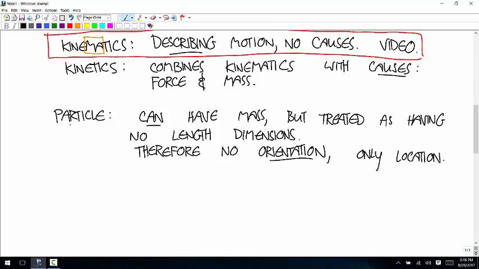Planets are gigantic, but if all you care about is where that planet's location is going to be, and you don't care about its orientation, its orientation doesn't affect its gravitational pull at all. So there's a lot of cases where it's not worth the extra work to figure out what the orientation of the planet's going to be. You just want to know the location of the middle of it. And so you treat a planet as a particle.